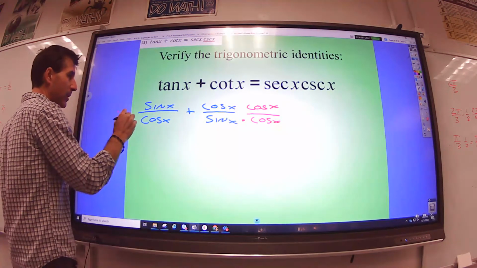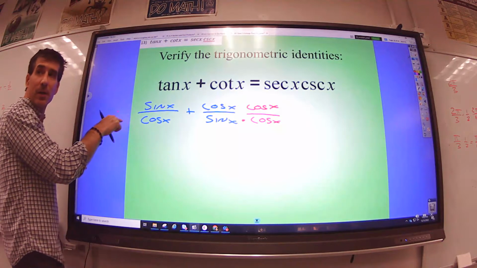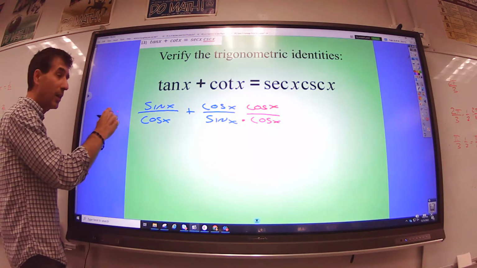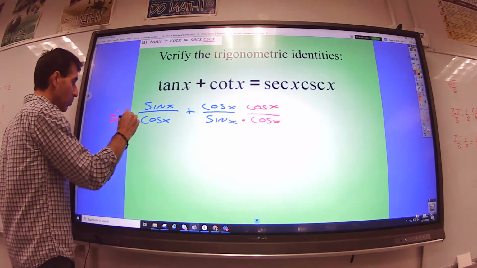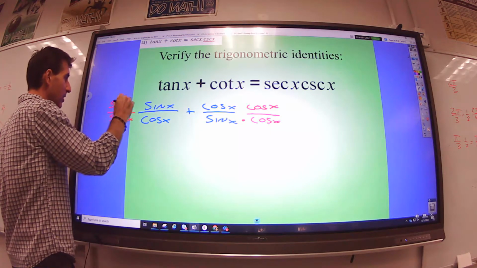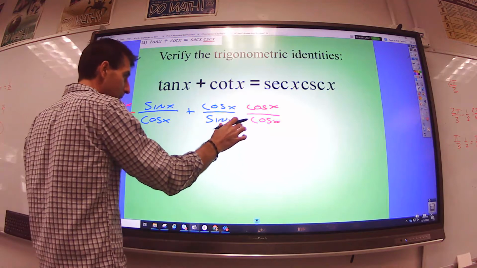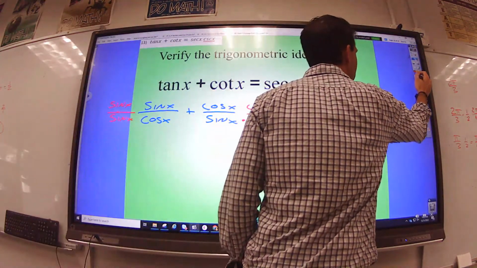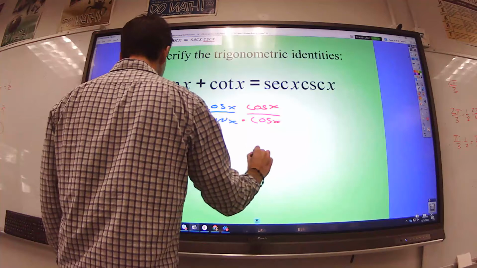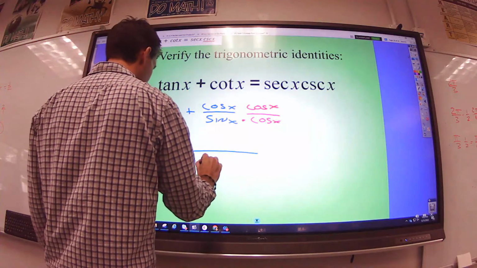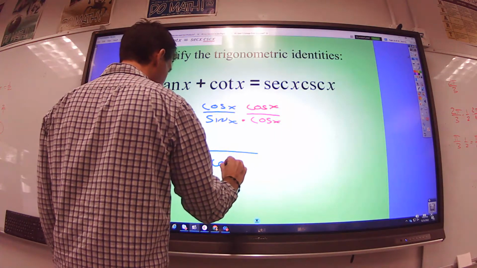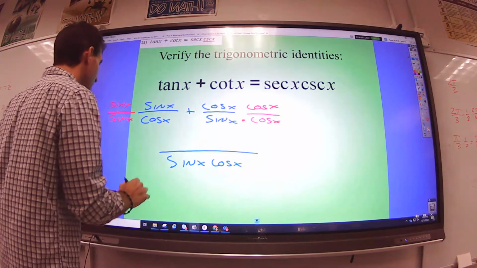For this to have a common denominator, what do I need to multiply this side by? Sine x. Why did I do that? Because now I multiply this by sine and cosine, and I multiply this by sine and cosine. I have a common denominator of sine x times cosine x.